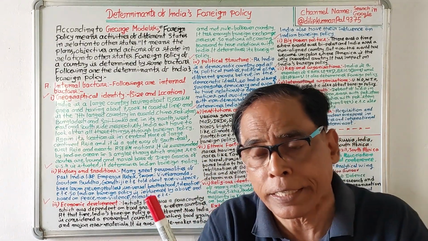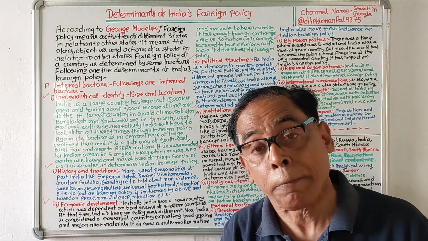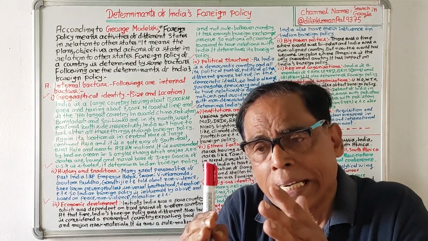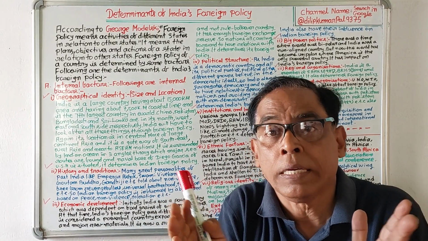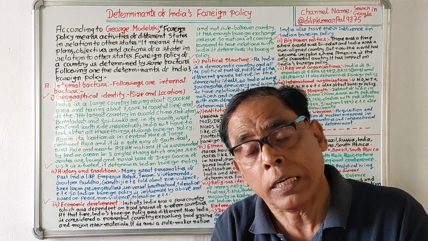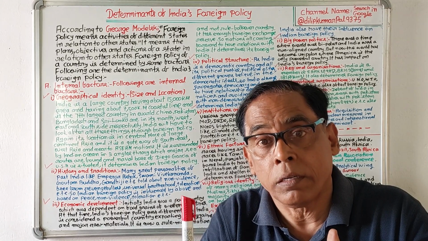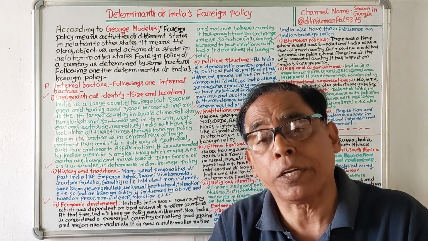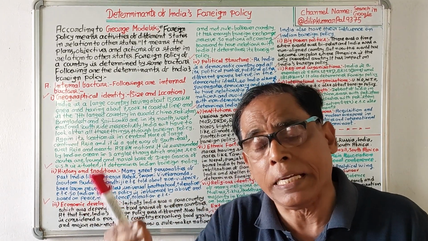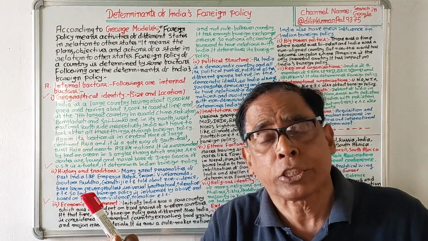So the third important factor that determines India's foreign policy is economic development. There was a time when India was a poor country. It was importing food grains from Western countries, especially America. At that time, India's foreign policy was something different. But now the time has changed.